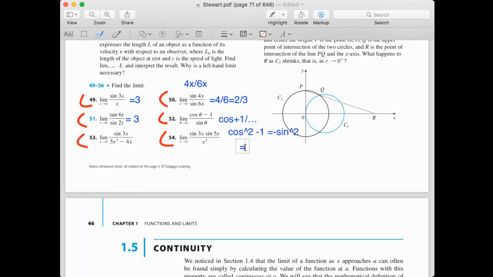So after simplification, we have negative sine over cosine plus 1. Then the denominator does not cause 0 when we plug in theta to be 0 anymore. So that becomes 0 divided by 2, which is just 0. All right, make sure you can do these kinds of questions. Okay, this is a typical limit question.